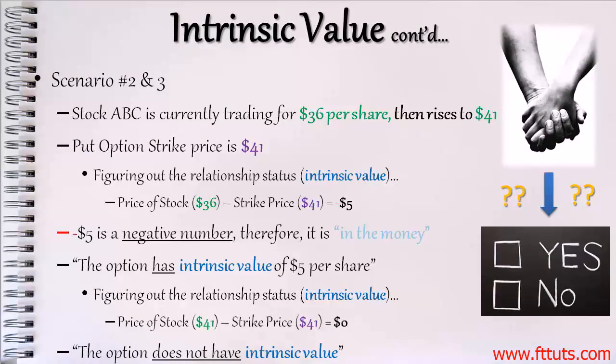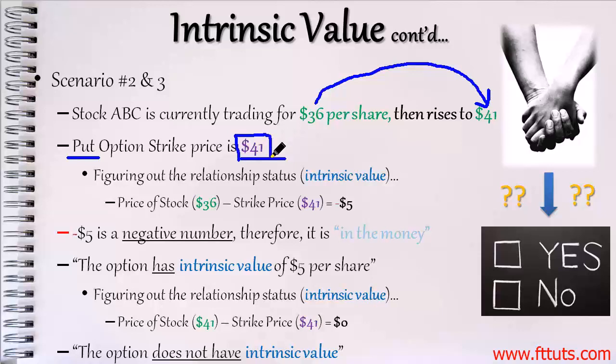In scenarios 2 and 3, stock ABC is still currently trading for 36, but then it makes a move up to 41. At the same time, let's now look at a put option price of 41. Let's figure out the relationship here. In scenario number 2, the price per share is still at 36. However, the one thing that has changed is that we now have a put option price of 41.